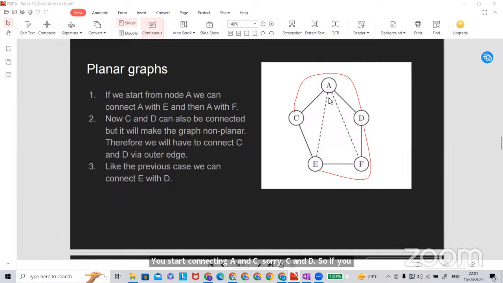It will cross the edge AE and CF. So in that case, it's not going to be planar. So we can do an edge on the outer side. From the outer side, I can connect C and D. The planar graph means the edges will not intersect. That's the meaning of the planar graph.